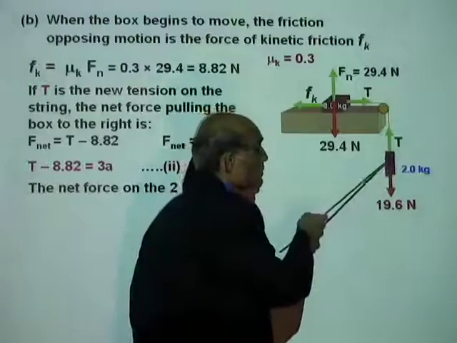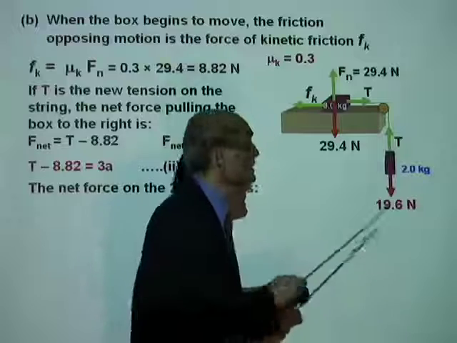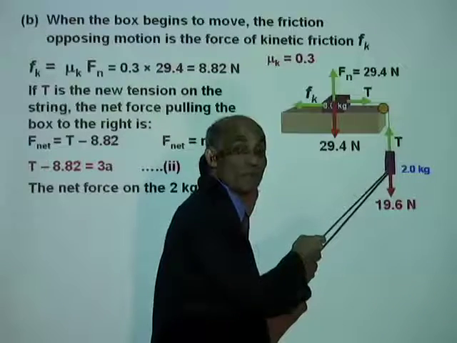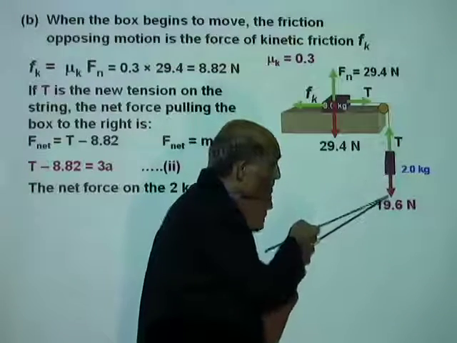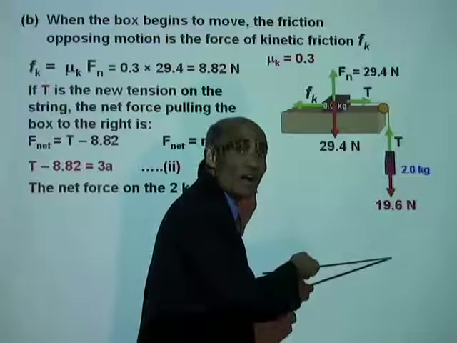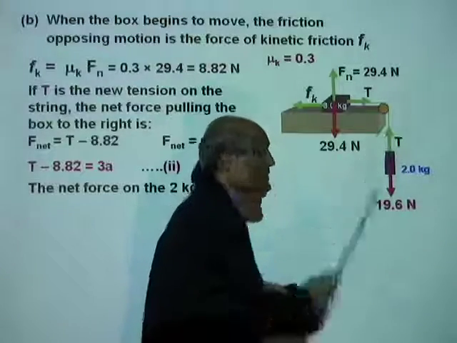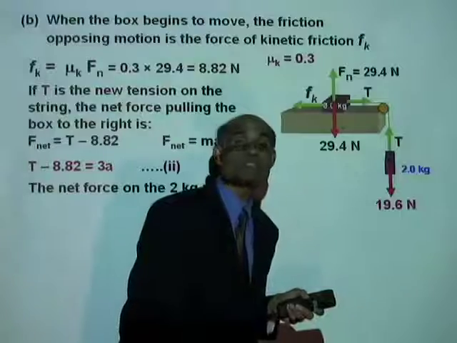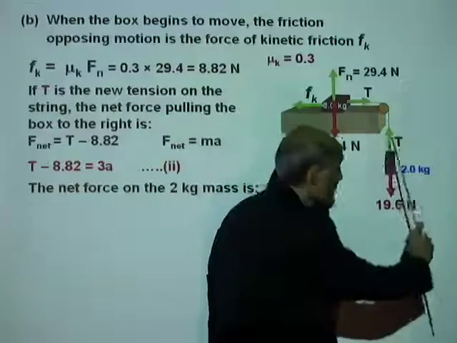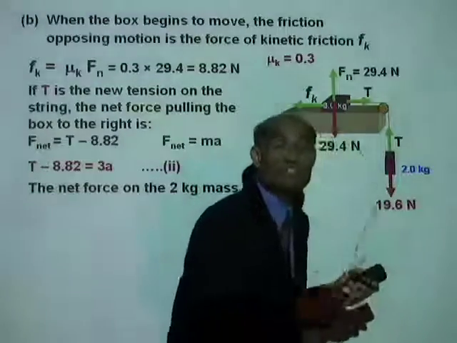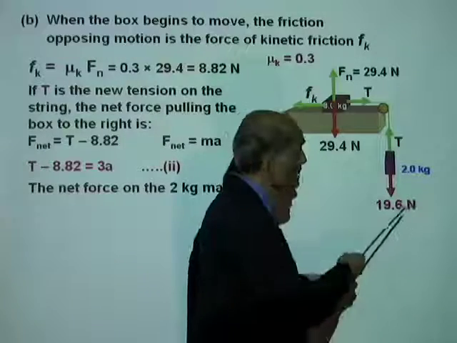Now, what are the forces now acting on the 2 kilogram? The 19.6 will be acting vertically down, and the tension force will be acting vertically up. But the system is now moving down. That means there is a net force. What is that net force?